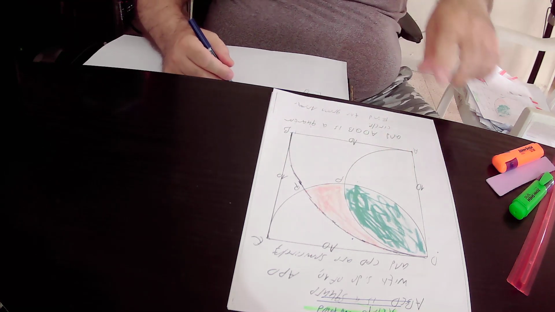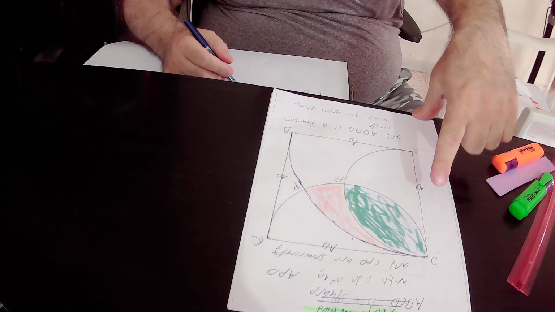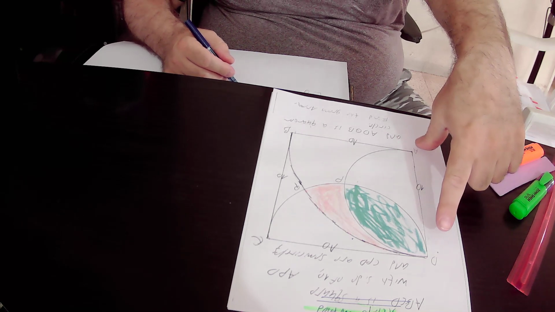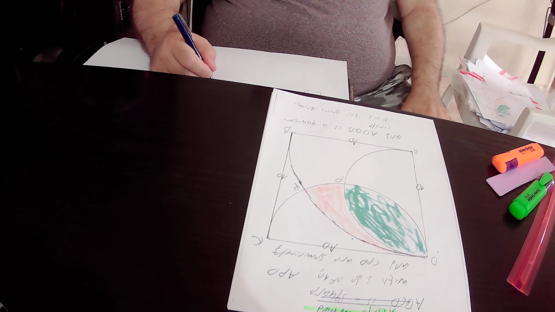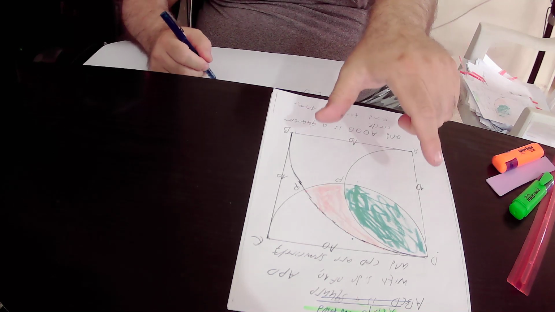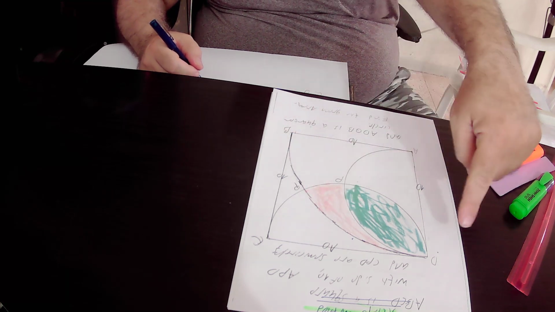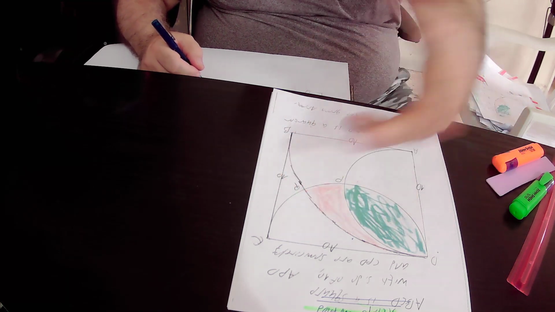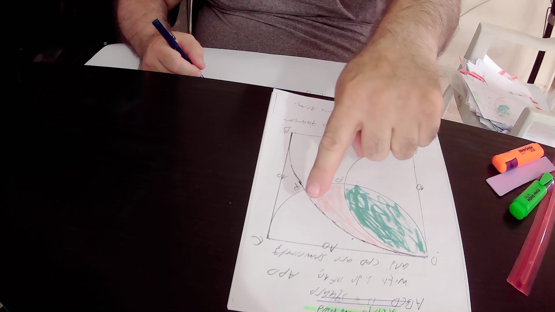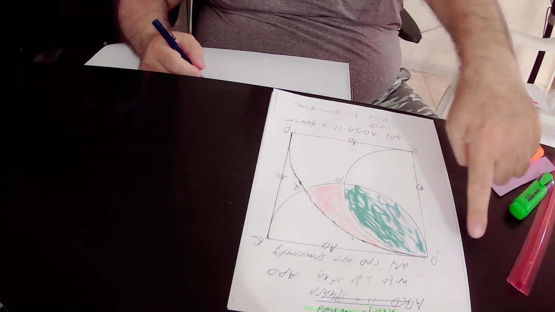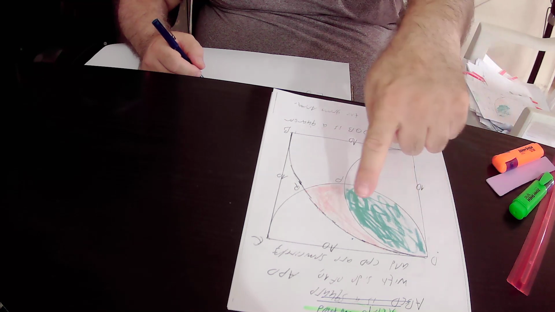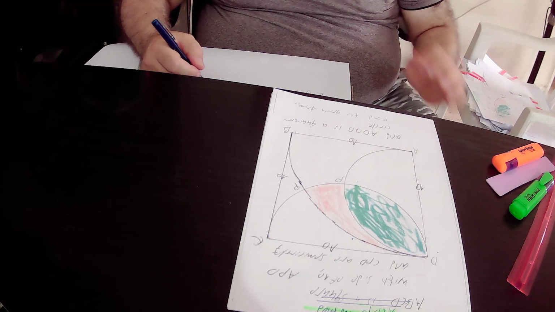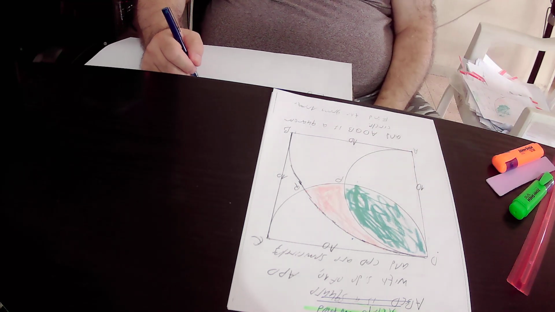As I already mentioned, the radius of the quarter circle is 10 units. That is to say, A equals 10. What is the radius of this semicircle? We know that the diameter is 10, therefore the radius must be equal to 5.